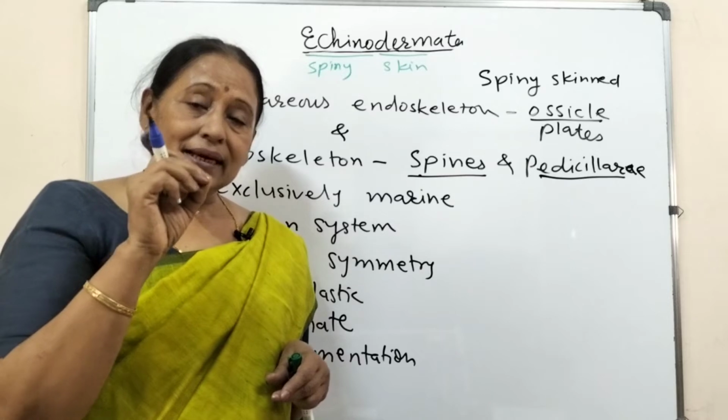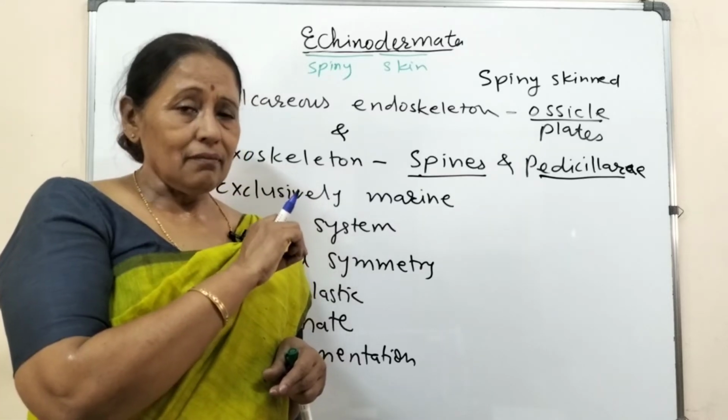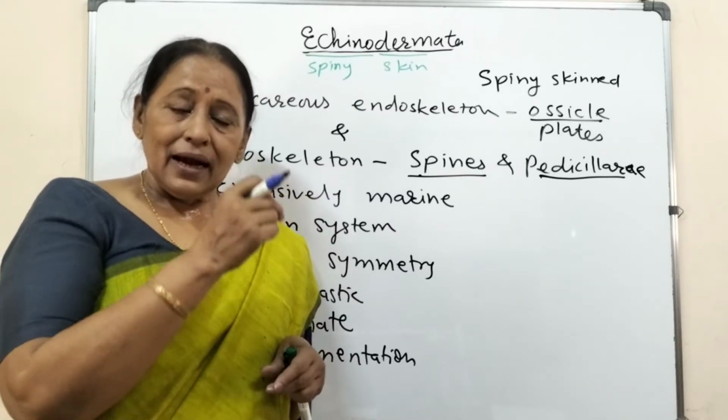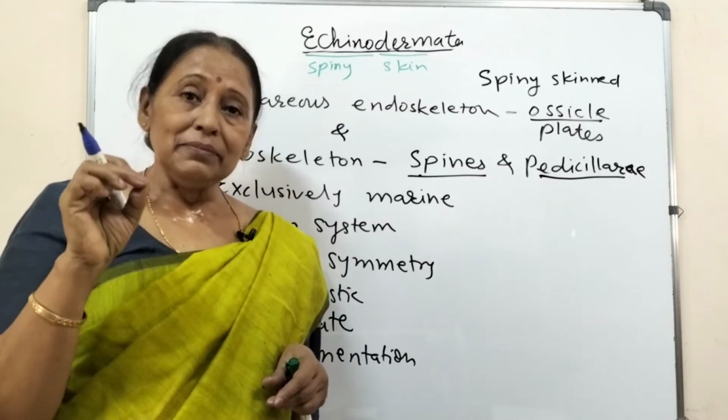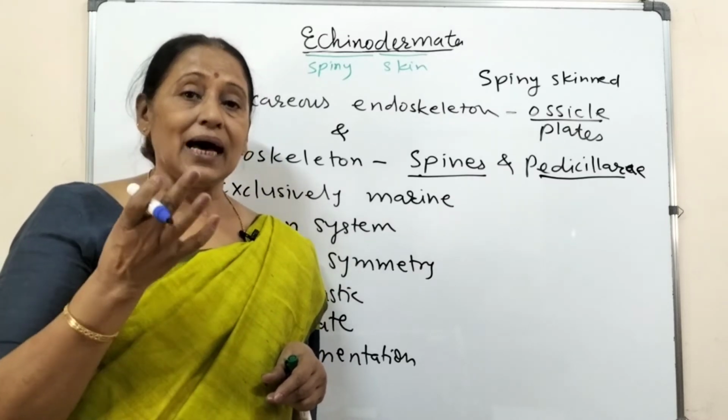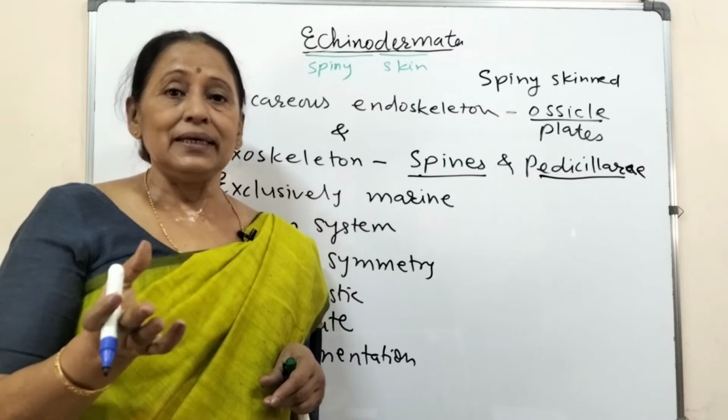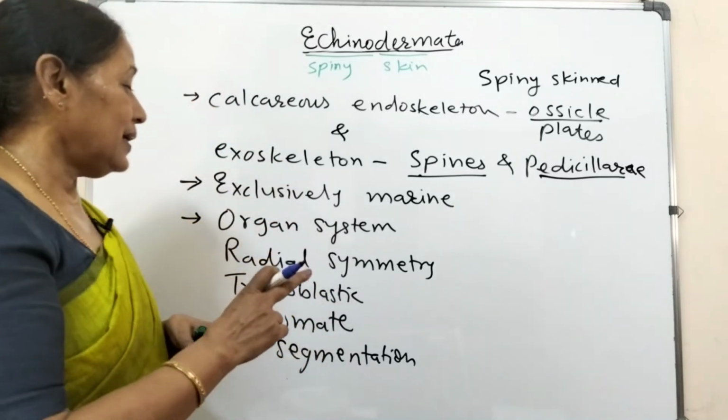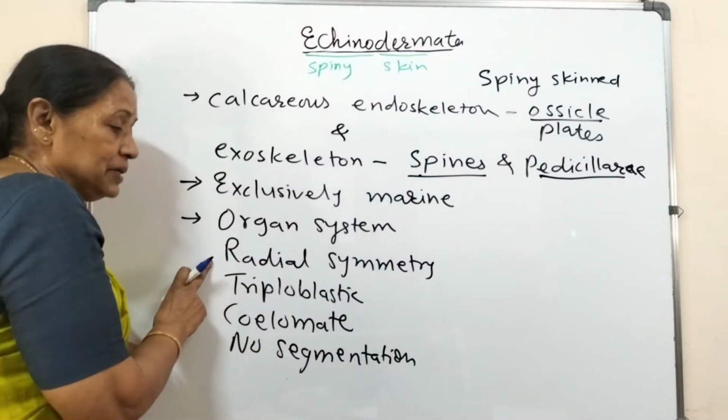Bilateral symmetry started from Platyhelminthes, and then onwards it is bilateral symmetry only. Echinoderm larvae are also bilaterally symmetrical, but during metamorphosis it becomes radially symmetrical.